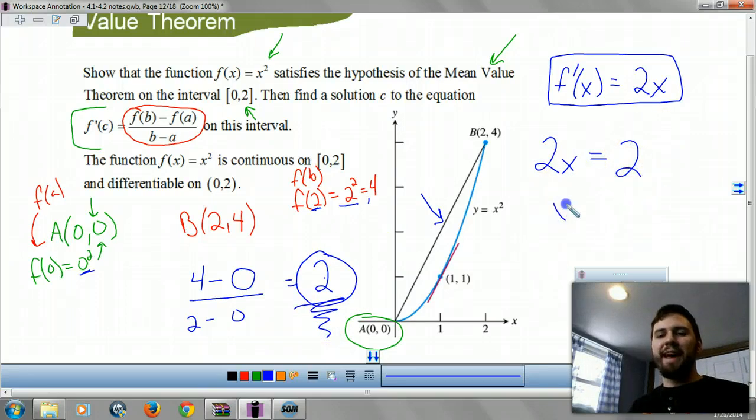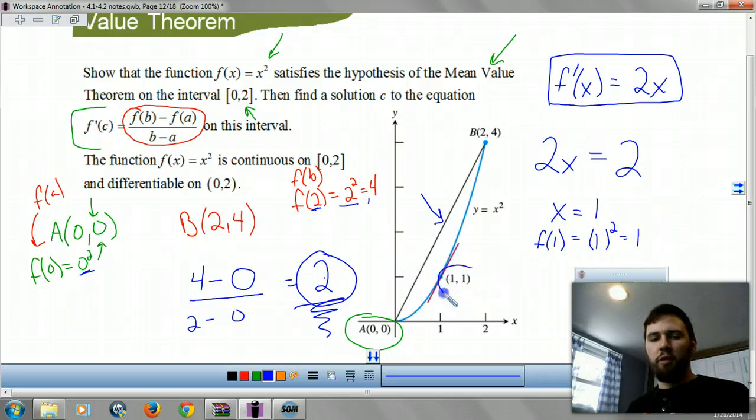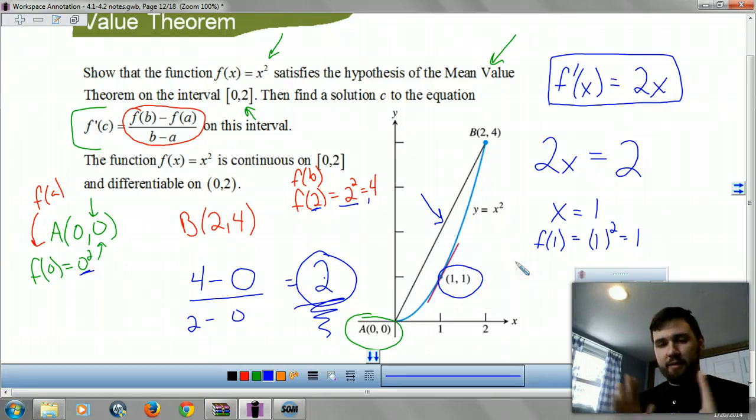That tells me when x equals 1, my derivative equals my average rate of change. So I plug that 1 into my original function and it's 1. So at the point 1, 1, my slope of the derivative is 2, hence the mean value theorem works.